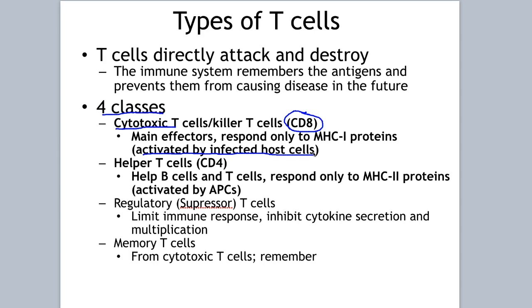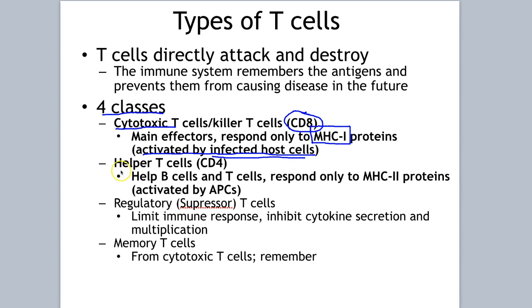And it is now starting an immune response. That's what activation is. So our T cells are actually activated by infected host cells. So we're going to look at how that works coming up here. And they respond only to proteins we call MHC1 proteins. Okay, so CD8 cells, or cytotoxic T cells, they respond to MHC1 proteins. We're going to look at this coming up soon.